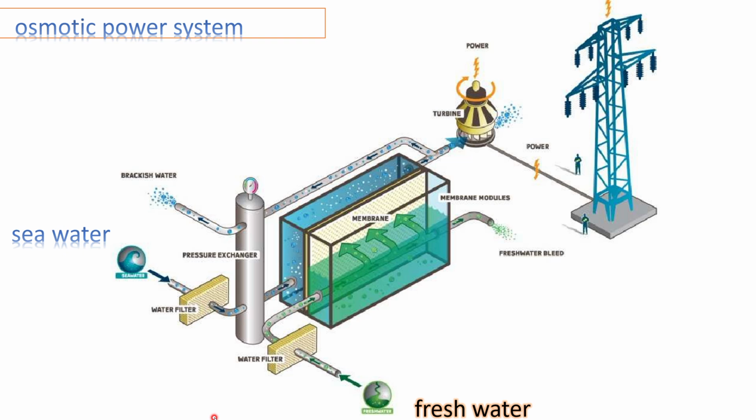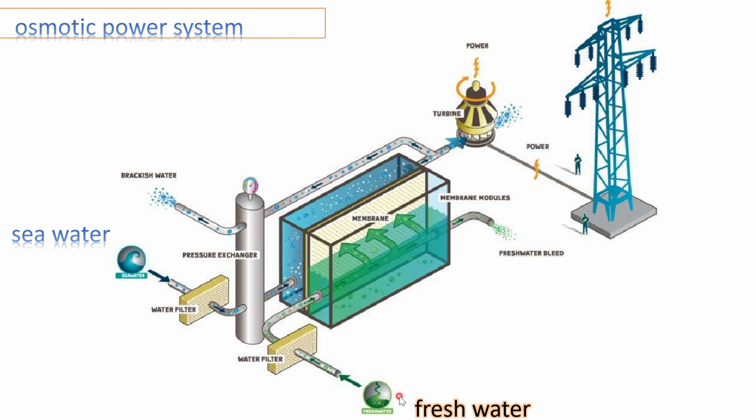Developed countries have used this platform. There is another side, the fresh water bleed. At a moment the water is transferred to its side. Some residual water is also there that can be bled into the fresh water side, and that much only.